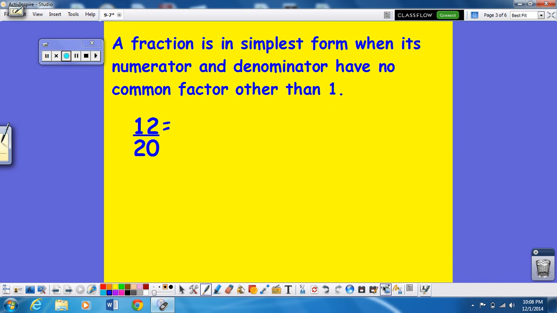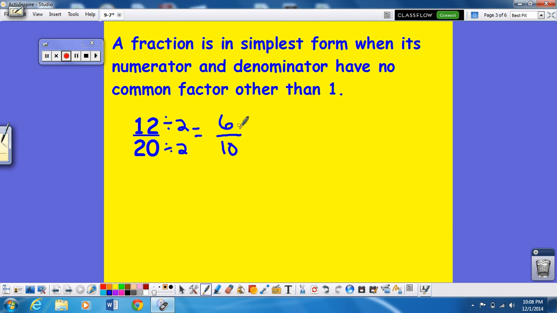So what we're going to do here is look at this number 12/20ths. Because 12 and 20 are both even, it's obvious to me that they're both divisible by 2. So I'm going to start off by dividing them both by 2. 12 divided by 2 is 6. 20 divided by 2 is 10.